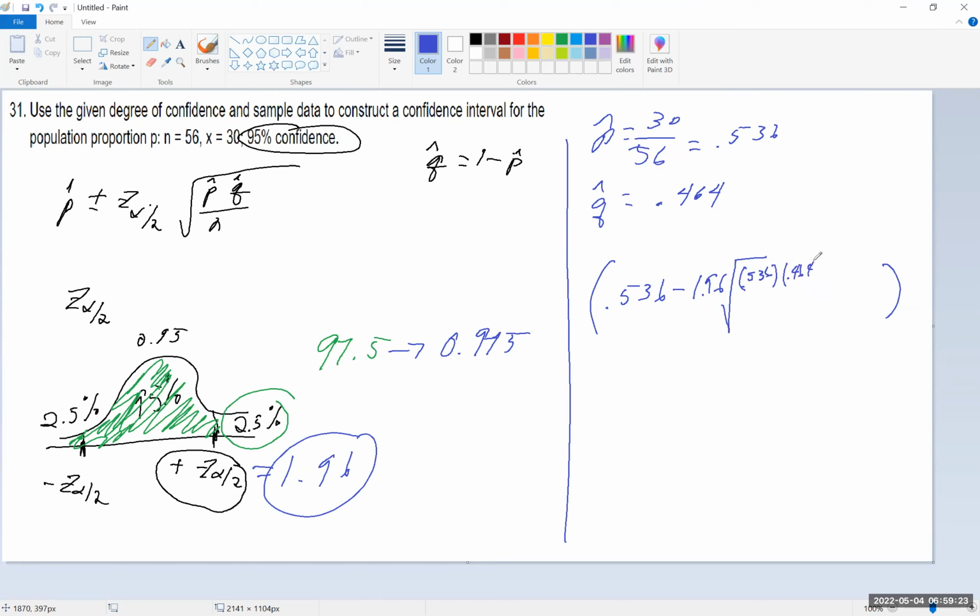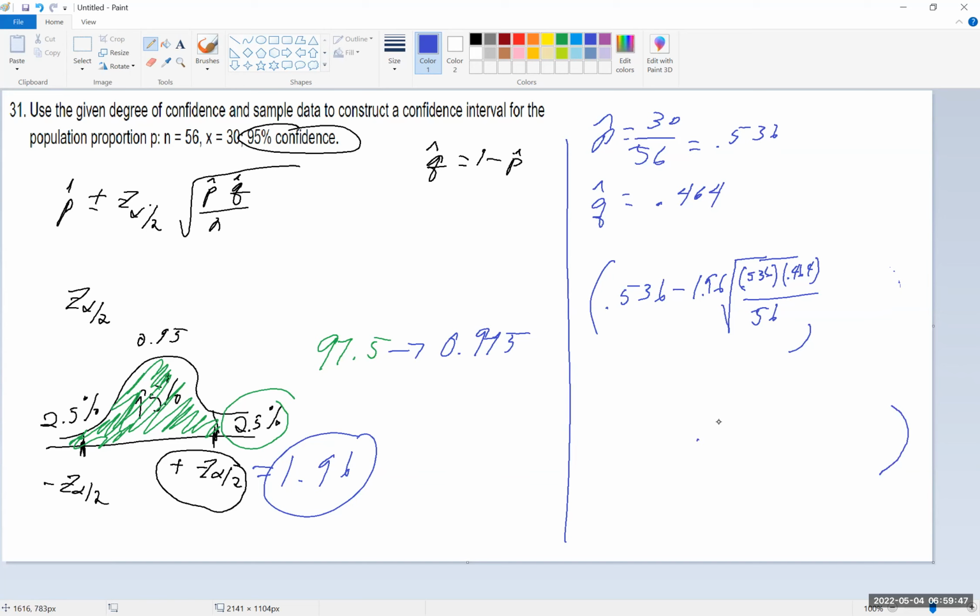I'm kind of running out of space here. All over n, which is 56. Okay. And just for space, let me do the rest kind of down here. Hopefully it'll make sense.